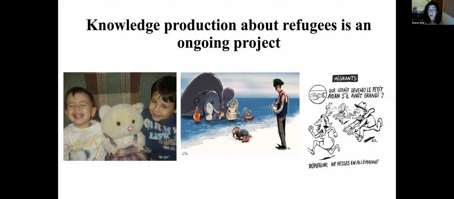The second image is a cartoon that shows sea creatures crying over Alan's body. If you might remember the picture that went viral, it was essentially a photograph of Alan in this position. And it's supposed to depict the humanity and sympathy for Alan's passing. And then the final image comes from Charlie Hebdo, and it asks, who would Alan be when he grew up?